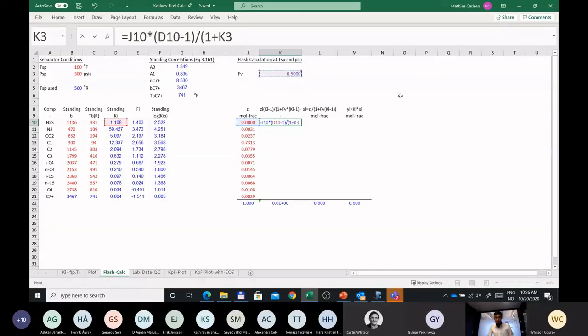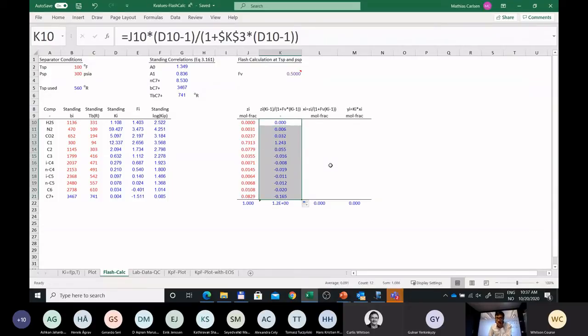Initially we have this 0.5 value, and then we lock that, and then Ki minus 1, that's Ki minus 1. Okay, that should be good. And then we just drag this down.